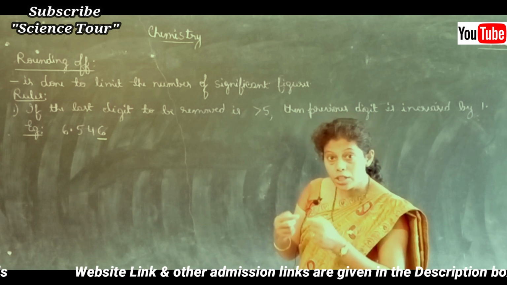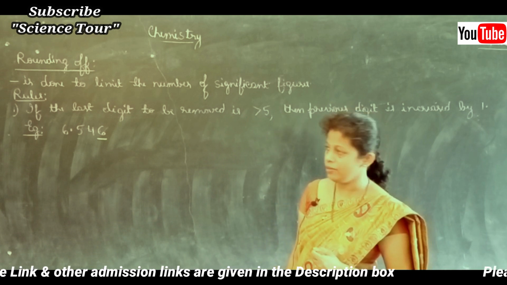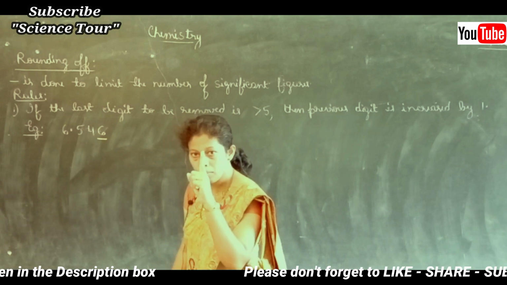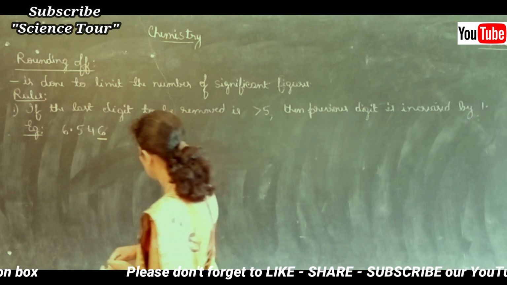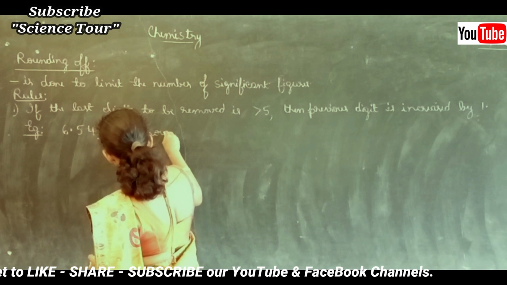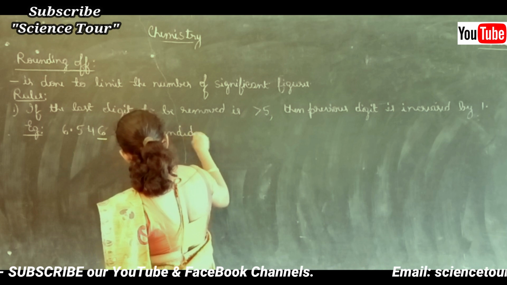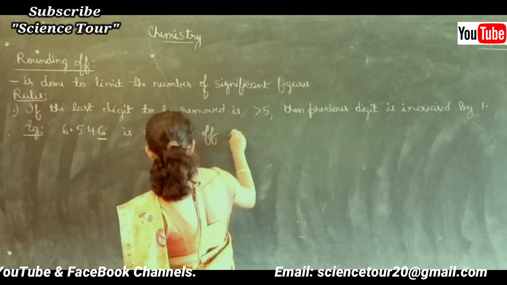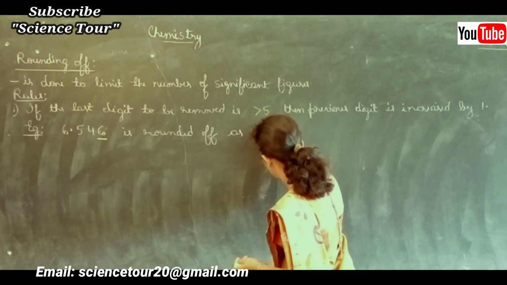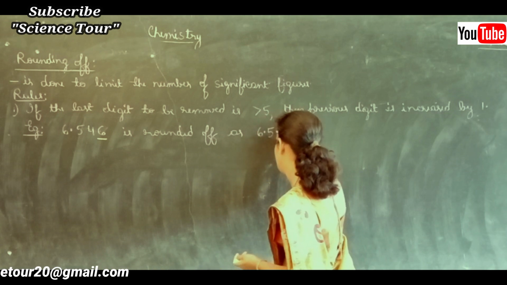If the last digit to be removed is more than 5, you add 1 to the previous digit. So this is rounded off as 6.55.